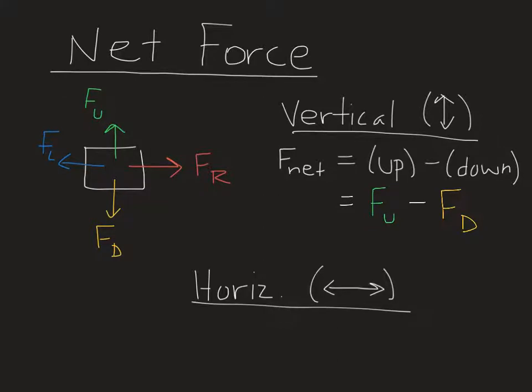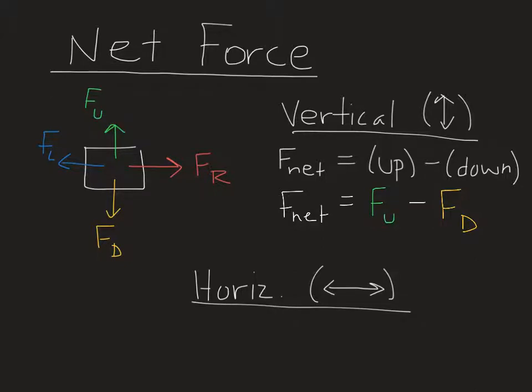If there were multiple down forces, if there was another down force, let's say F D2, well then we would also subtract F D2, if that was true. But let's say that's not the case. We don't need that. Okay, so there we go. So now all we need to do is subtract those, and it gives us our net force.